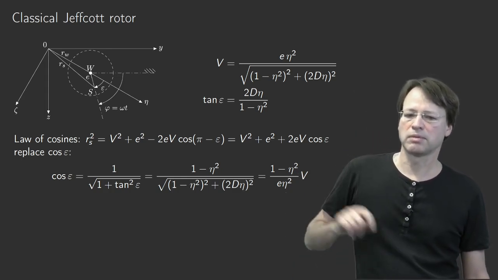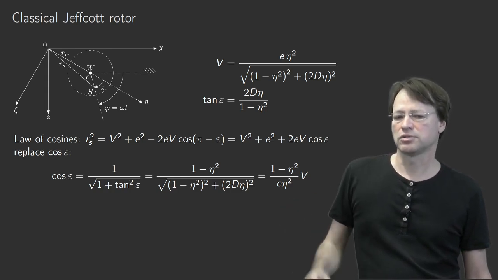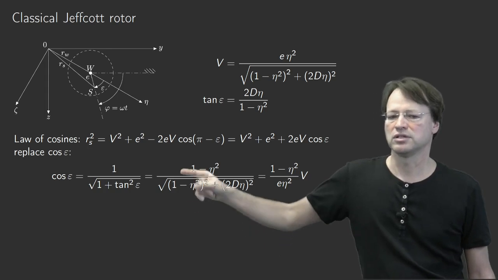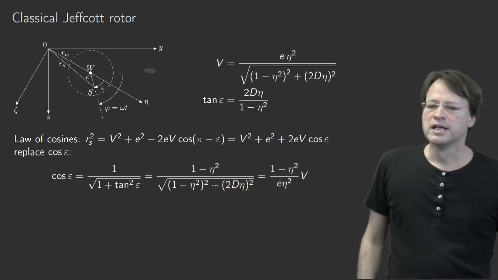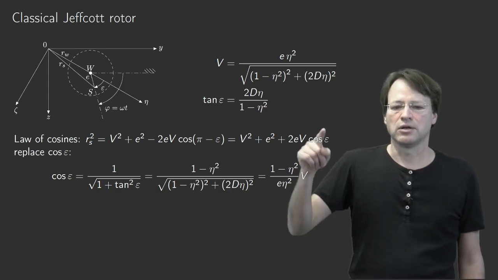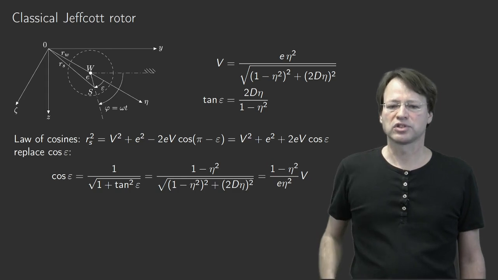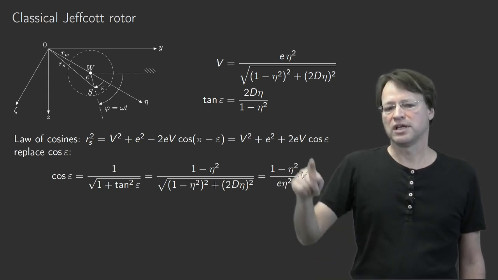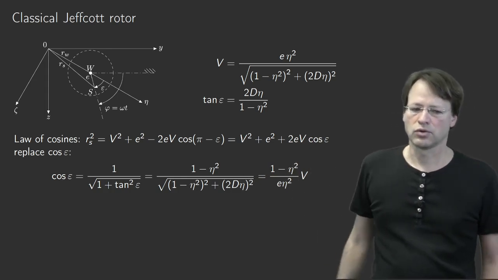Then it's just 1 minus eta squared E divided by E times eta squared V, and you arrive at this expression here by inserting V from above. So we can replace the cosine epsilon by a term that contains a certain factor and V. So we get again here also V squared.